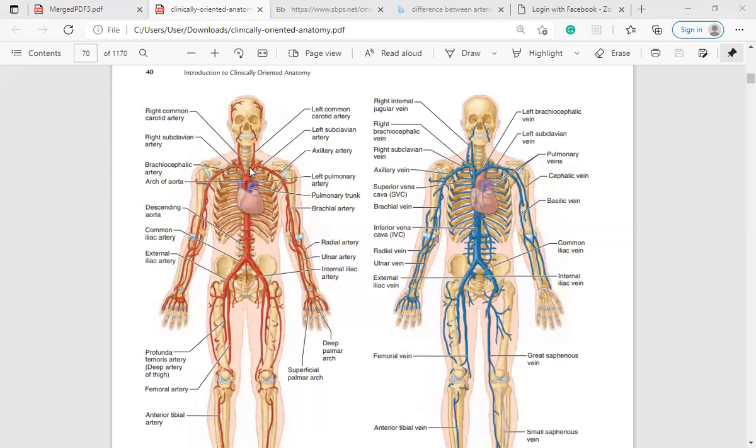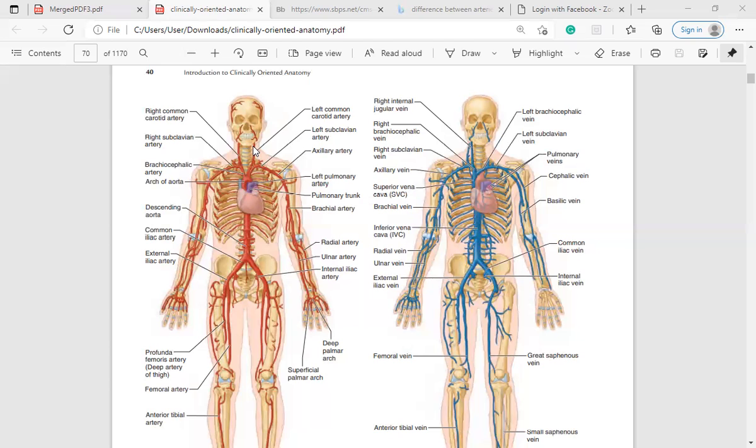But on the left side, we do not have a brachiocephalic artery. What we have is a direct emergence of the left subclavian artery and the left common carotid artery. So on the right and the left, you have a subclavian artery.